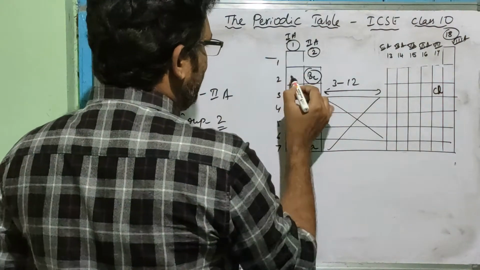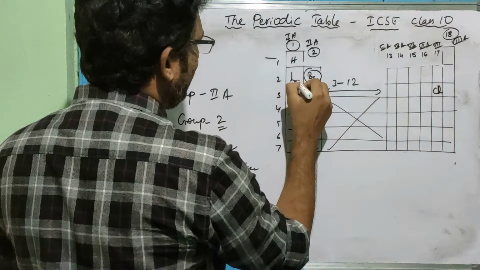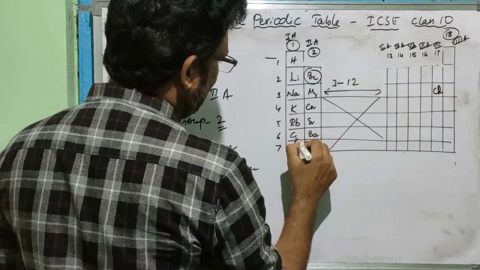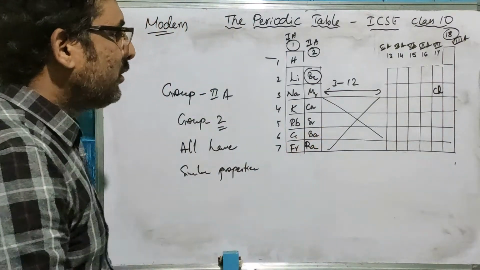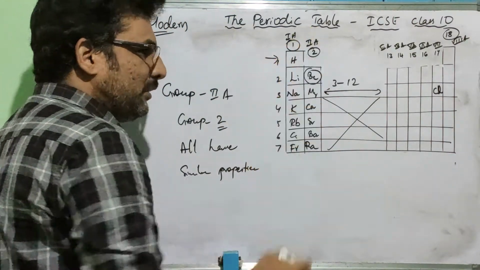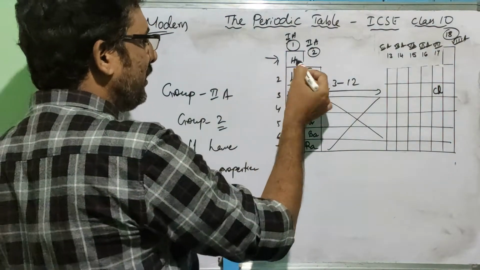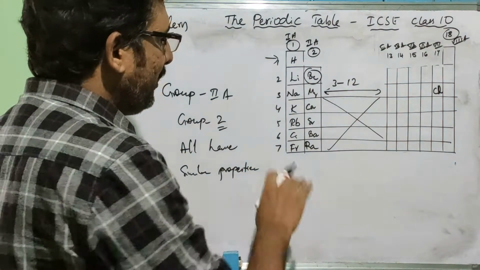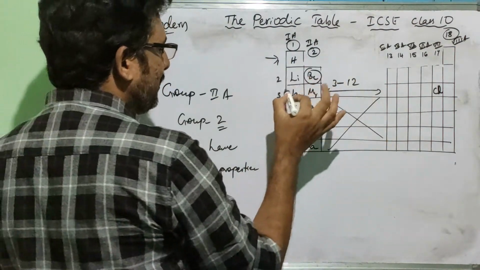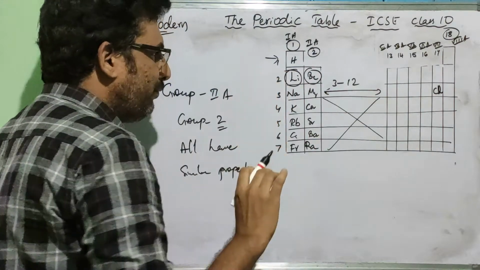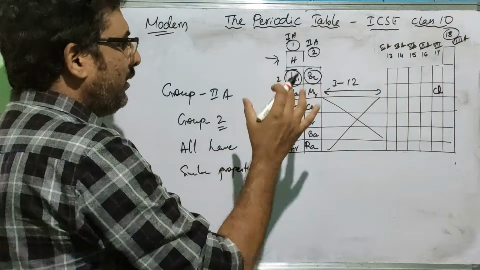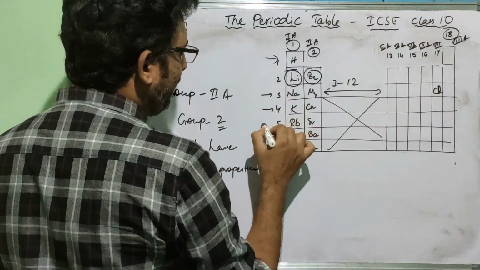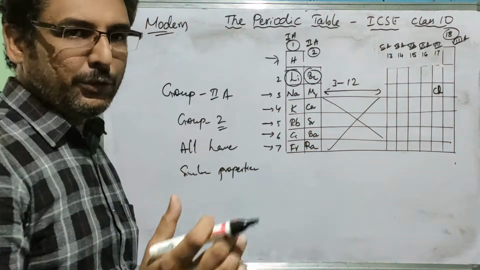Similarly, if you take the first group, you will have hydrogen, lithium, sodium, potassium, rubidium, cesium, francium. We know that hydrogen is a non-metal, but still it shows some resemblance with the group 1 metals in its properties. For example, if you learn about the properties of lithium, the same properties will be shown by the remaining elements of that particular group.